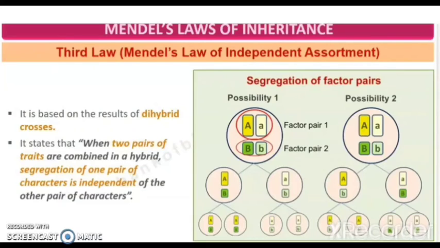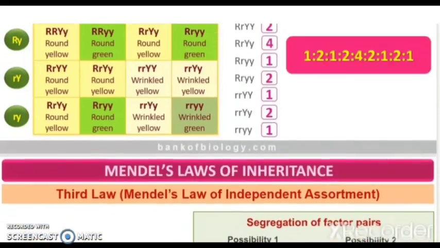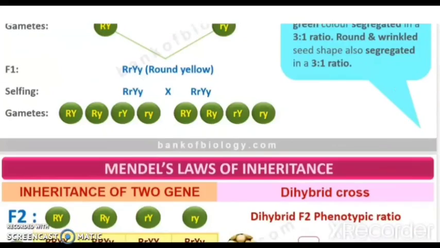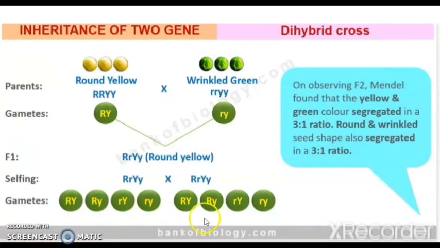Thus, there are 4 genotypes of gametes: capital R, capital Y; capital R, small y; small r, capital Y; and small r, small y. Each has a frequency of 25%, or 1/4 of the total gametes produced. So they are talking about the gametes formed here, right? The possible gametes which are formed.